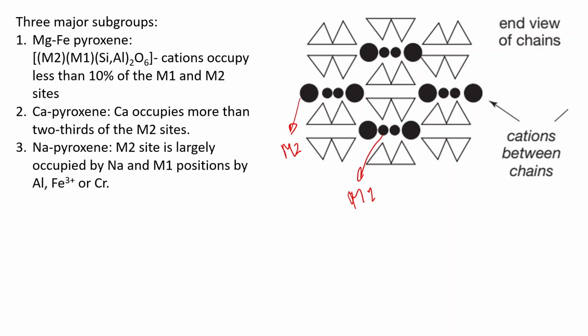Now the common pyroxenes, like the MgFe pyroxenes. Orthopyroxene consists of enstatite and ferrosilite. They also include the CPX, which is clinoenstatite and clinoferrosilite, and pigeonite. These are the common MgFe pyroxenes. If we look at the calcium pyroxenes, then diopside and hedenbergite, that solid solution, and augite, these are the calcium pyroxenes.